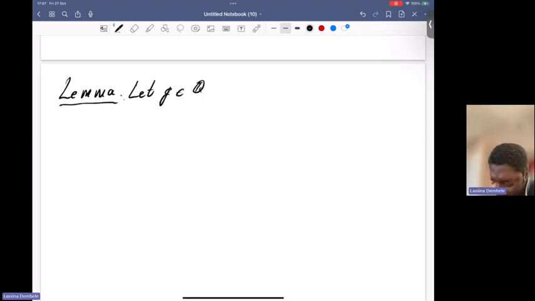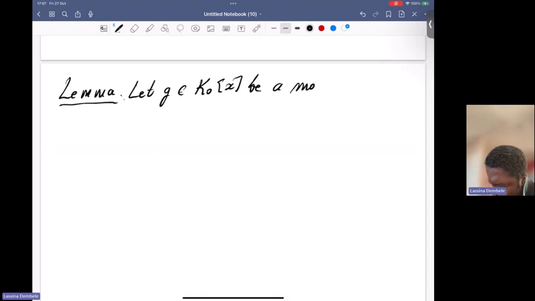So we let G be a polynomial with coefficients in the field of fractions of the Witt vector ring. Not irreducible, just a polynomial.